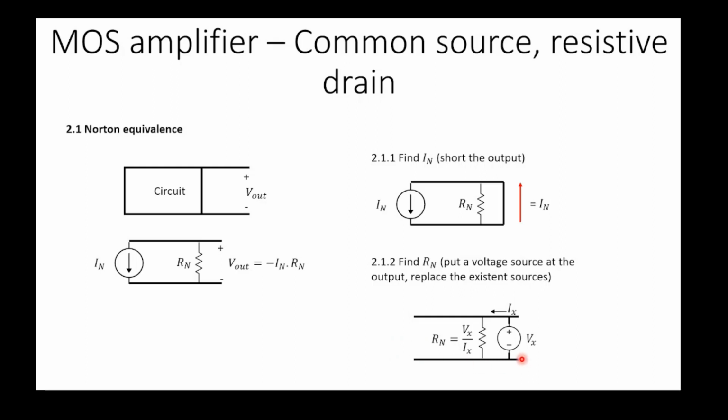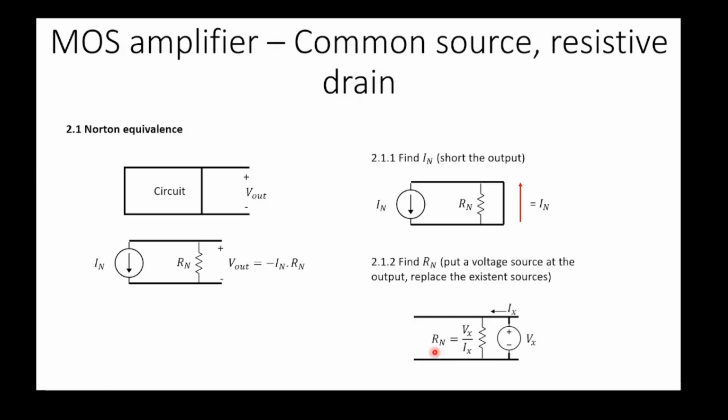After we replace all of the existing sources and only consider the voltage source we put at the output, we can see that our RN relates only to Vx and Ix through Ohm's law. We have Vx over Ix equal to the resistance RN. Sometimes we don't need to care about the values of Vx and Ix, since we only need to know the expression of RN.